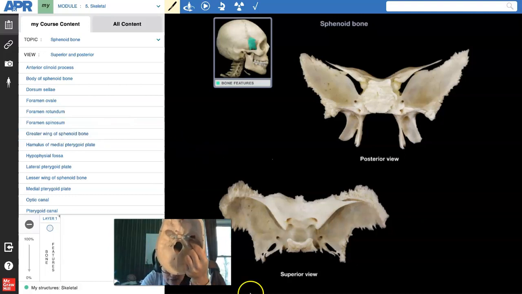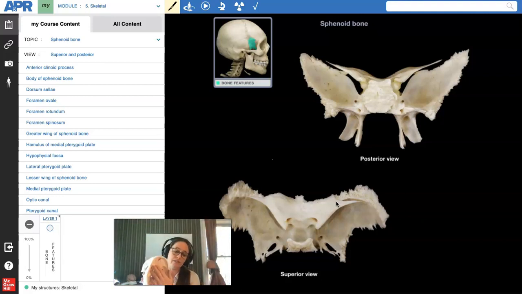You can see these processes right here are the same as these processes right here. So this is inside of your skull, and it's supporting some very specific structures of your brain. Your temporal lobe would be here, your pituitary gland would be here. That's why that's going to be important for you in the future. I just think it's a really beautiful bone.